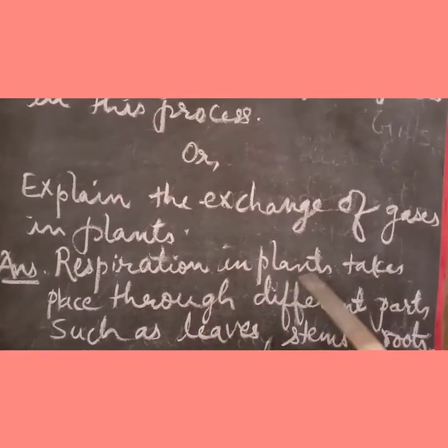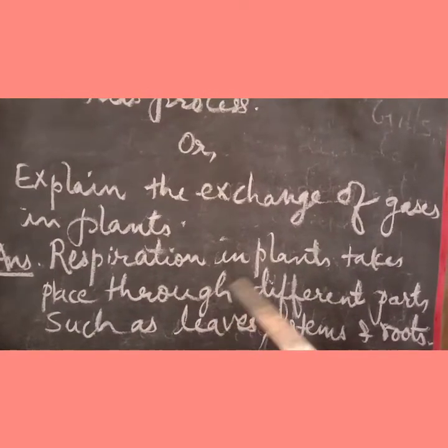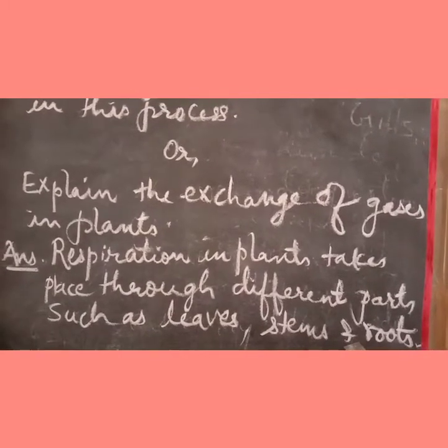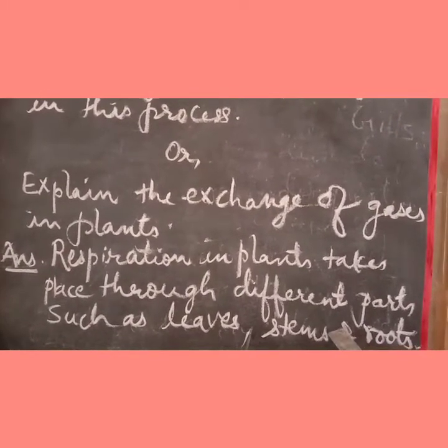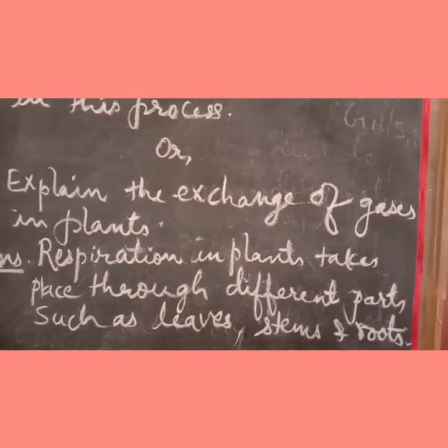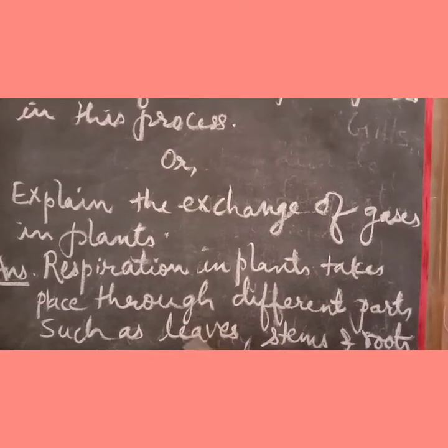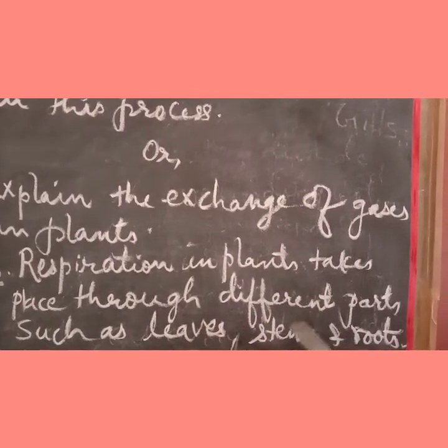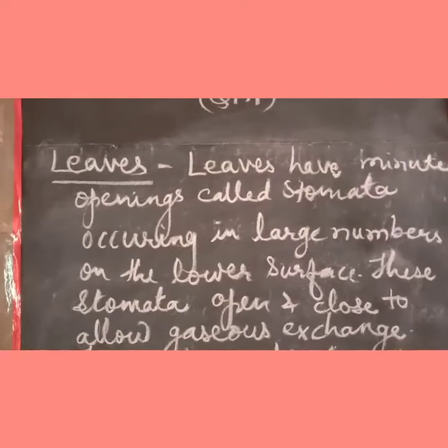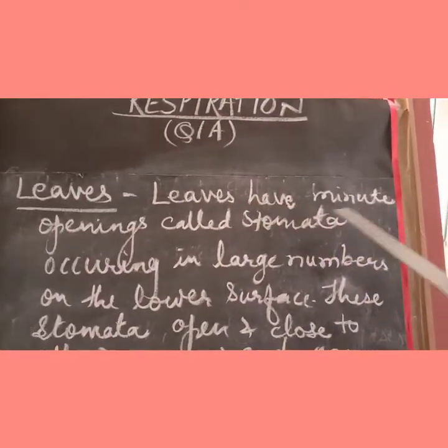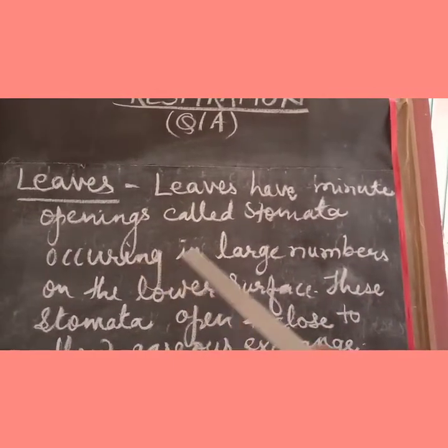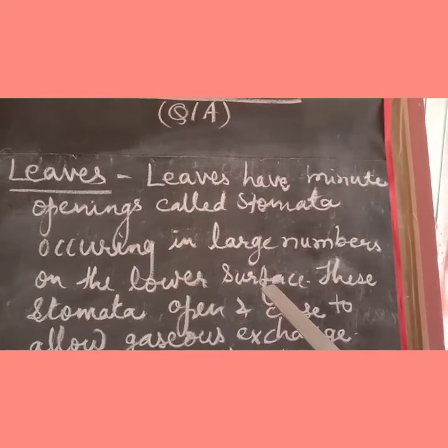Respiration in plants takes place through different parts such as leaves, stems and roots. So children, we can say that gaseous exchange in plants can occur through leaves, stems and roots. Let's see what structures are present in these plant parts for exchange of gases. Students, leaves of the plants have minute openings called as stomata, which occur in large numbers on the lower surface.